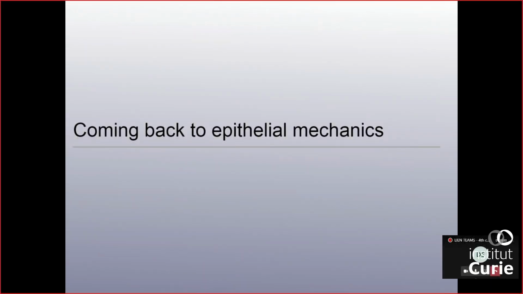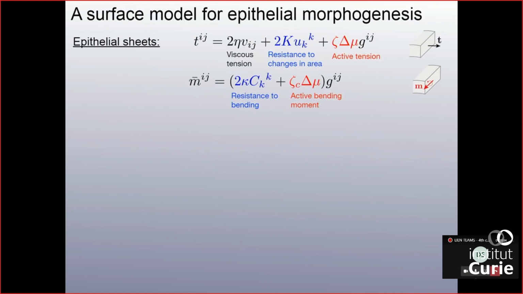Okay, but now coming back to epithelial mechanics, we need to move away from this simple version and select terms which are going to be more appropriate to describe epithelial tissues. This is what I'm proposing as a choice that's going to be appropriate for epithelia. One can recognize the same terms as before, the viscous tension and the active tension.